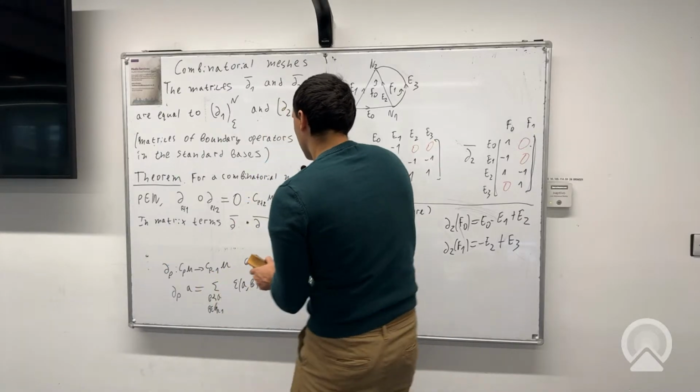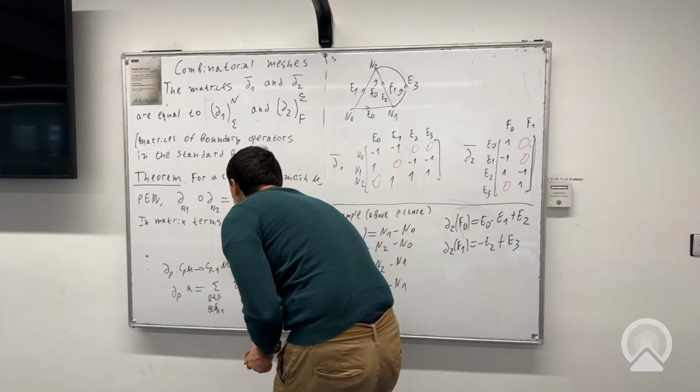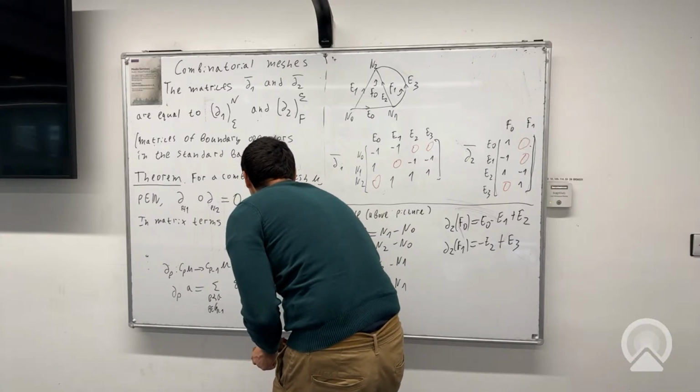So this is the 0 operator. And here we have P plus 1 and P plus 2 as well.